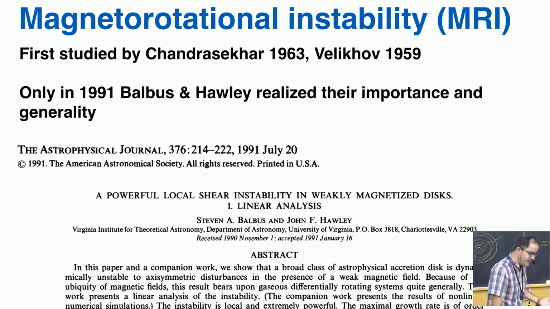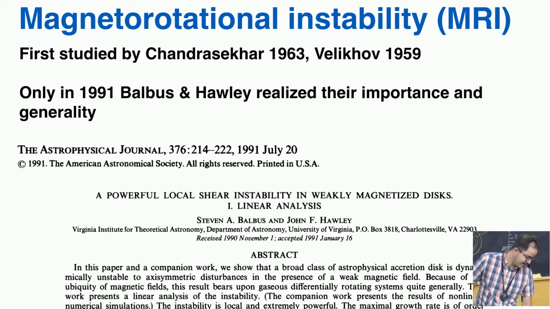And this was in 1963, so more or less at the same time that quasars were being discovered by Martin Schmidt. Chandrasekhar published a paper on MRI instability applied to astrophysical disks.